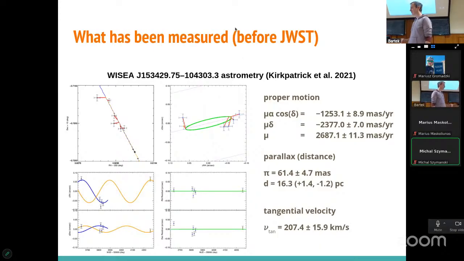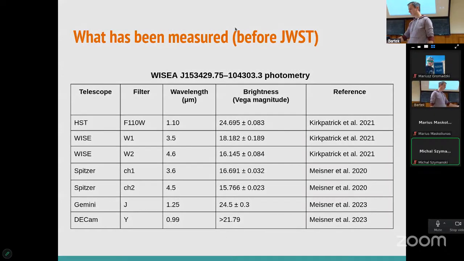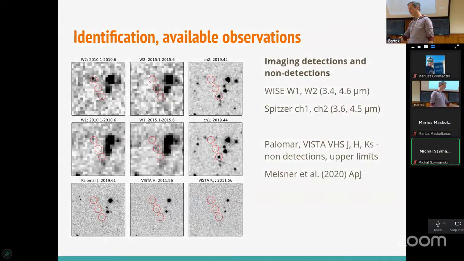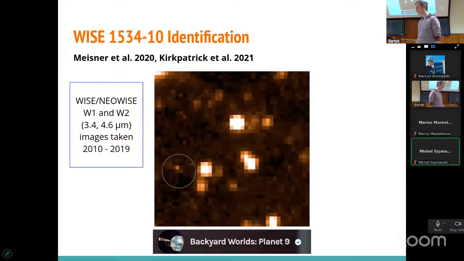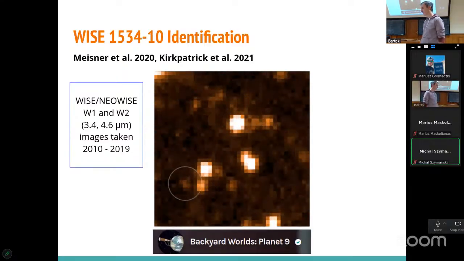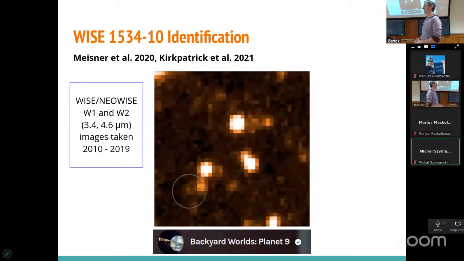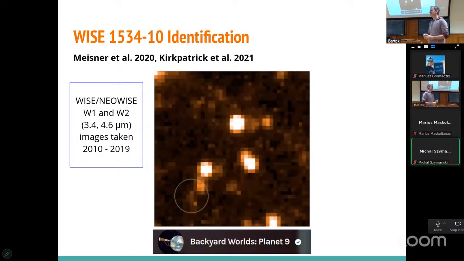Can you show the slide before? There's a couple of bright stars. What you can consider is actual microlensing by this object of the background stars. This is one idea that we have.